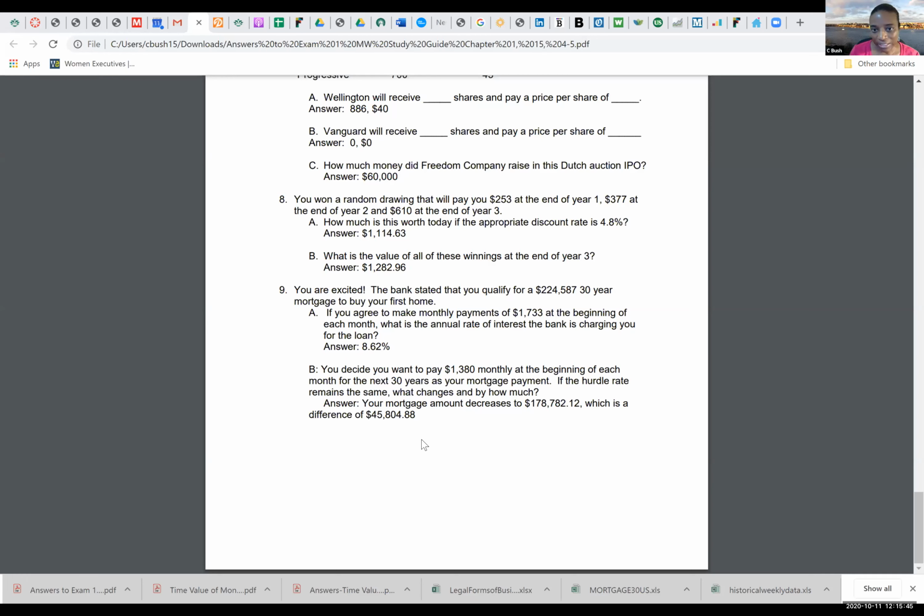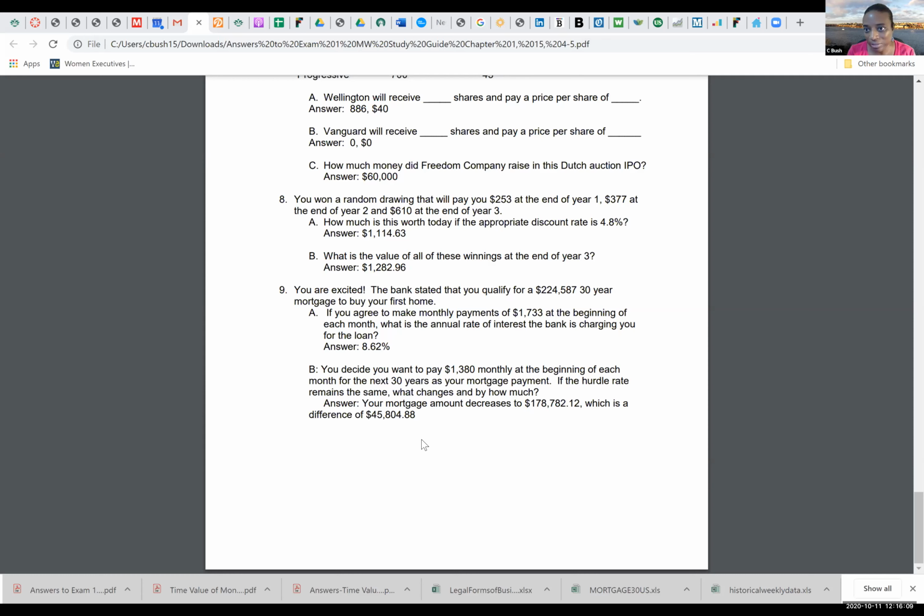So you're borrowing money. So the money that you're borrowing is your present value. In this case, that would be the $224,587. So that's what you're borrowing. Kind of similar to the problem we just did where you were borrowing money for a car and we subtracted out the down payment and what was left was what you were borrowing.